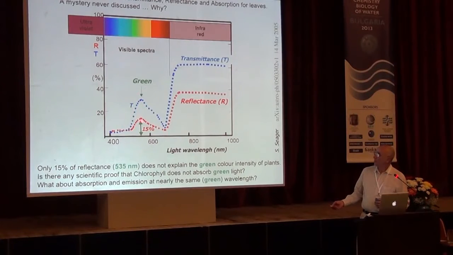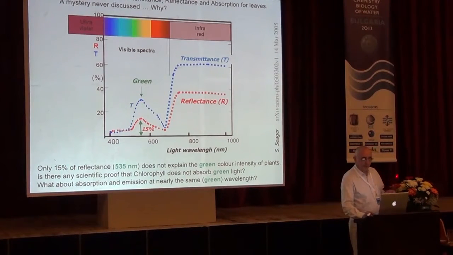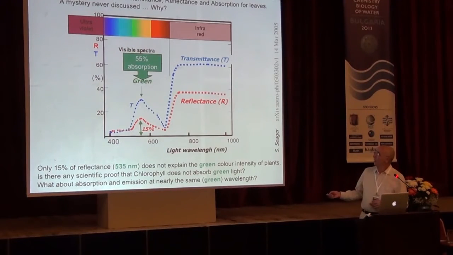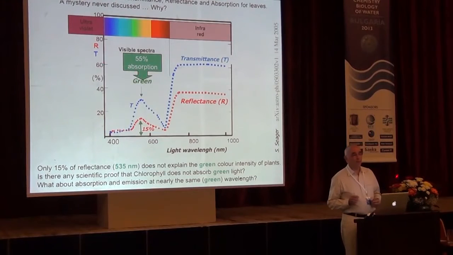Taking reflectance and transmittance, we get about 55% of green color for plants.